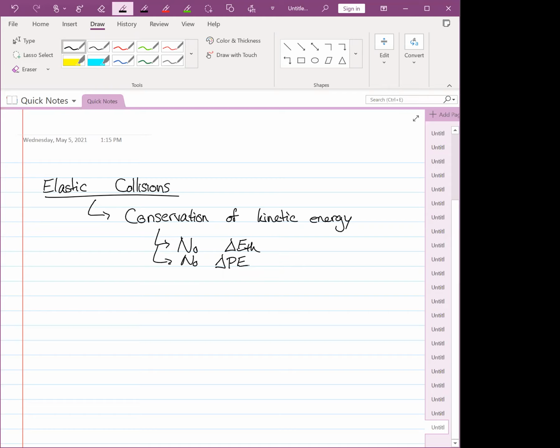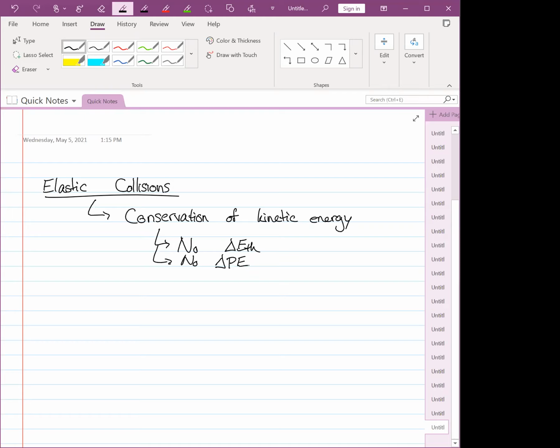Initially, that spring has no potential energy, it's just sitting in equilibrium. And after the collision occurs, once everything's far away, the spring will also be sitting in equilibrium. That is to say that there's no permanent change in the potential energy of the system, like the deformation of the rubber balls or whatever. There's no permanent change in the configuration of the system to account for changes in potential energy.